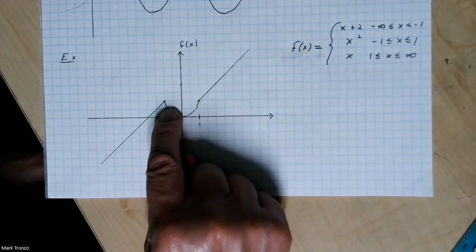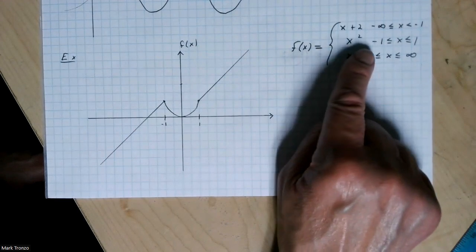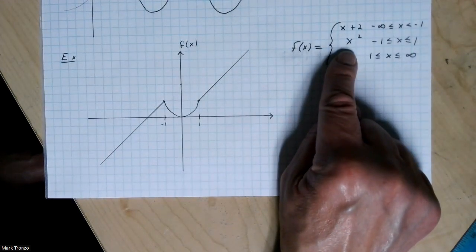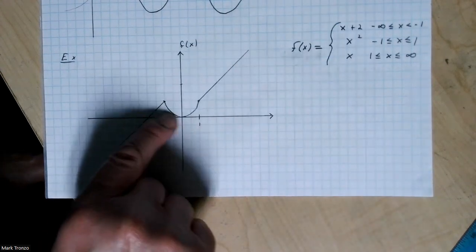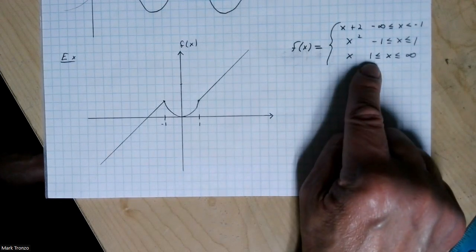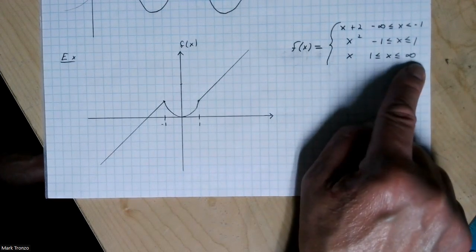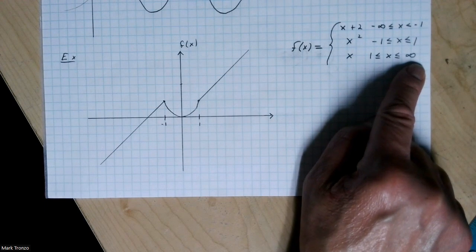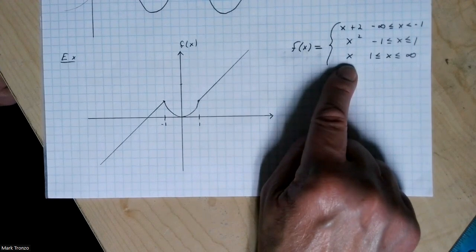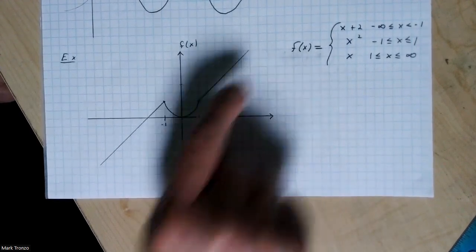So it'd be this line here. And then between -1 and 1, it's the curve y equals x squared, which is a parabola. And then from 1 to infinity, it's going to be the straight line y equals x, which is just this.